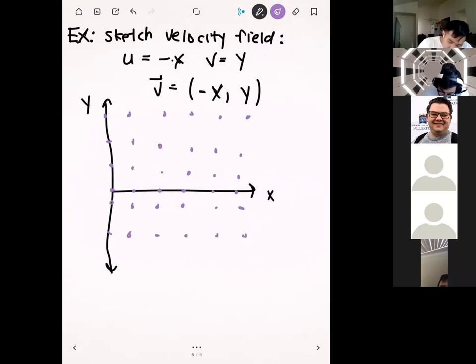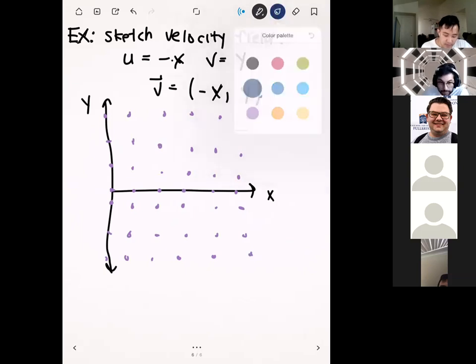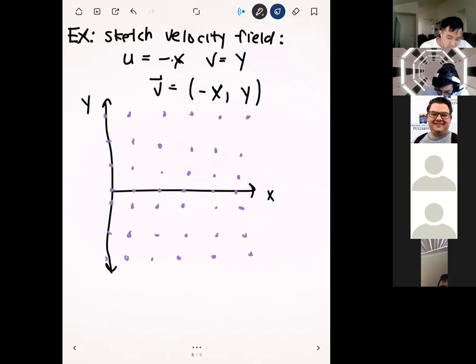And then at each location, we're going to draw a vector according to the components given by this expression. So let's start at the origin. The origin has the coordinates 0, 0, and when we plug 0 into here and 0 into here, all we get is 0. And so we have no vector at the origin.